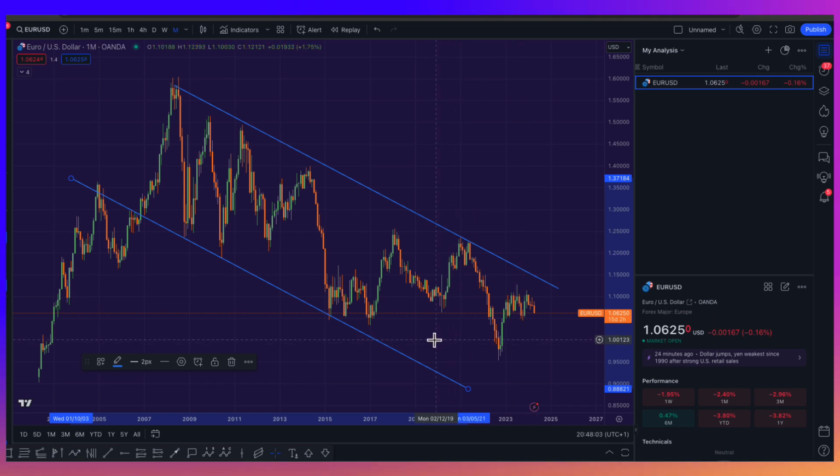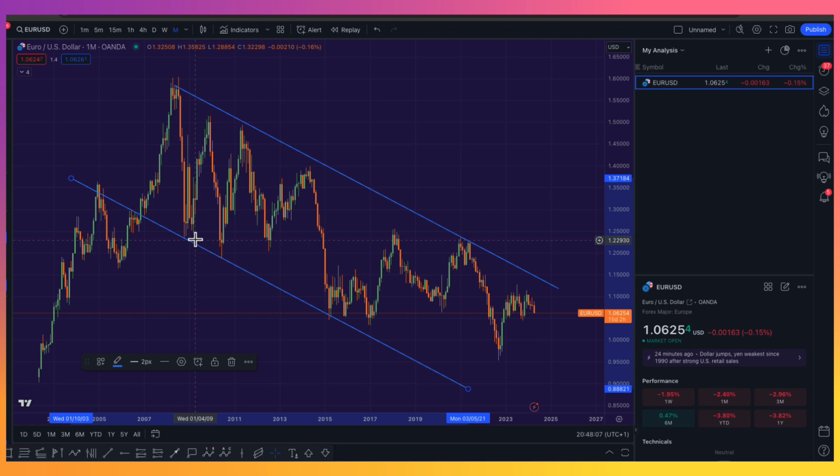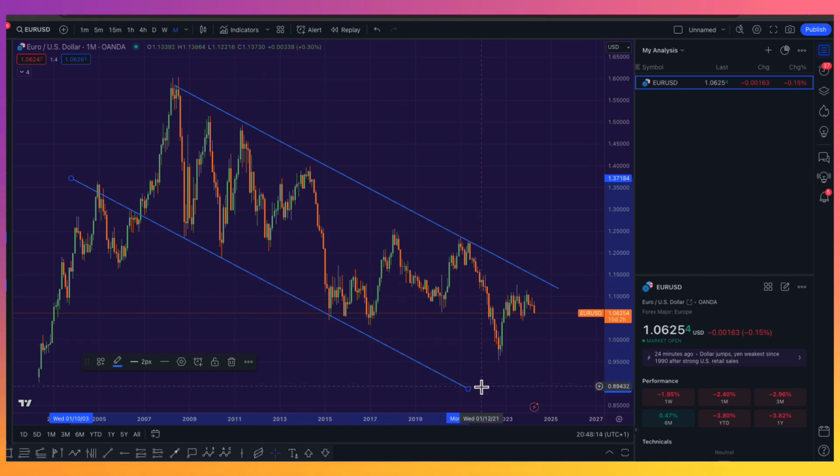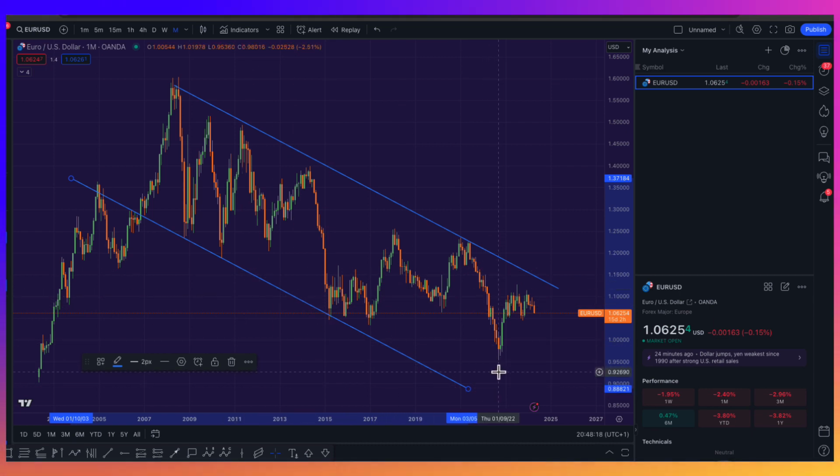We expect, looking at these steps, that it has three times explored this area, this supportive trend line, but recently, from October 2022, it didn't go further down. So we might think that maybe the market doesn't want to go lower than this, but we don't know yet. We don't know anything.